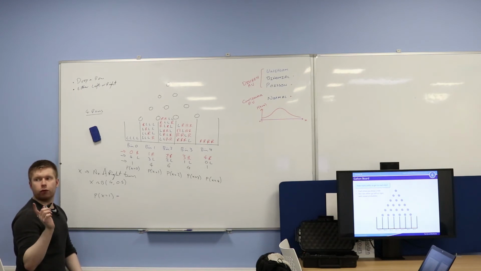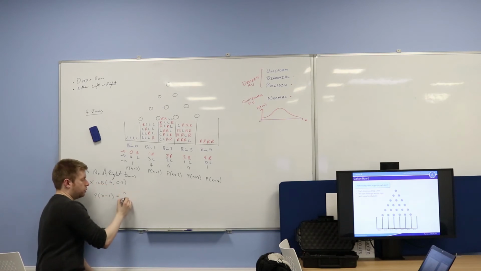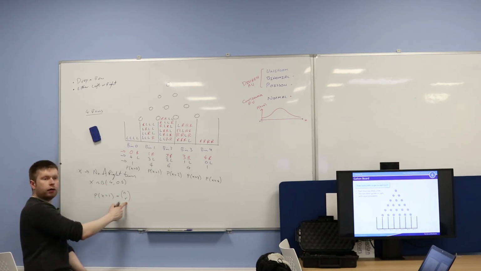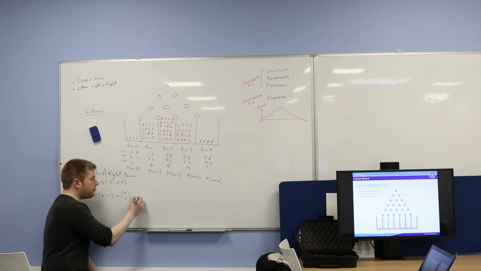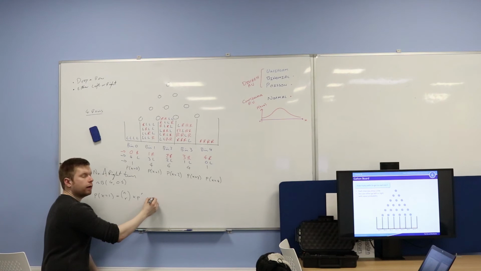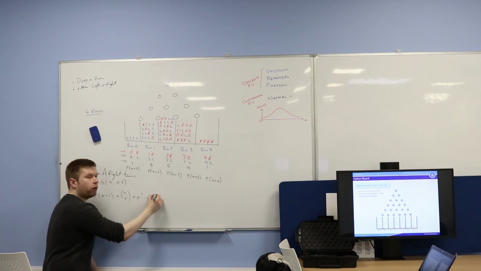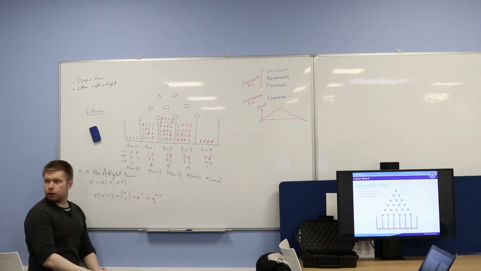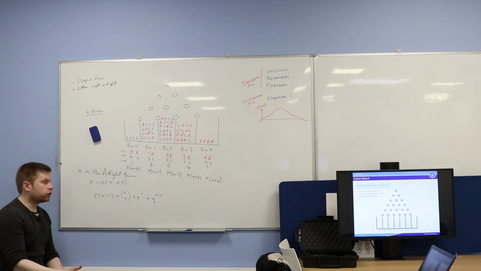It is, but where does that 4 come from? Good. So it's nCr times the probability of success to the power of r, times the probability of failure to the power of the leftover trials.